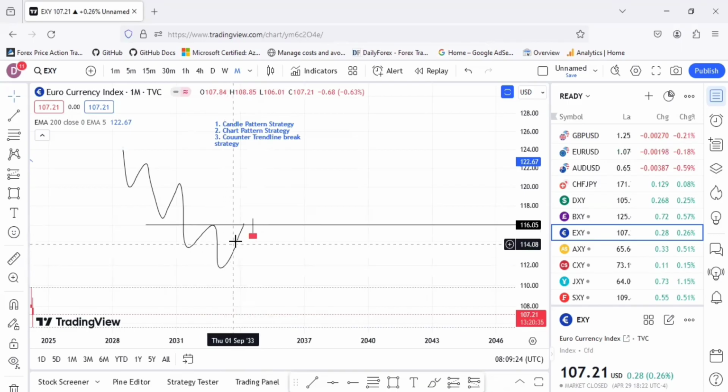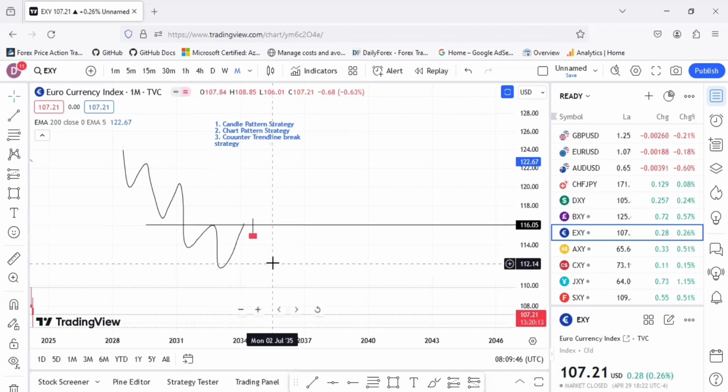So when the price gets to this particular resistance, you need to wait and see: will the buyers continue or will the sellers take over? When you now see this particular candle pattern, what the chart is telling you is that the sellers have taken over.